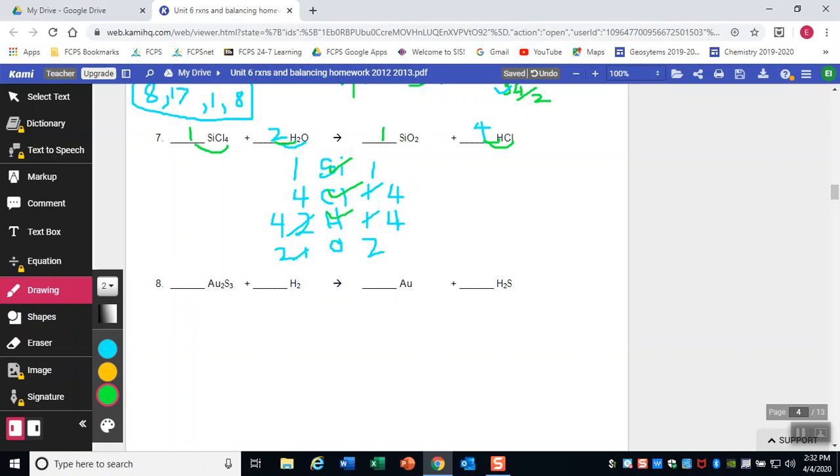And then now oxygens, I've got 2 oxygens and 2 oxygens, so check. So my coefficients are 1, 2, 1, 4. And it's balanced.